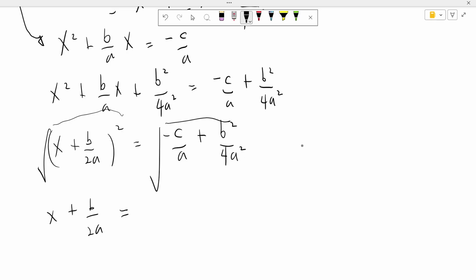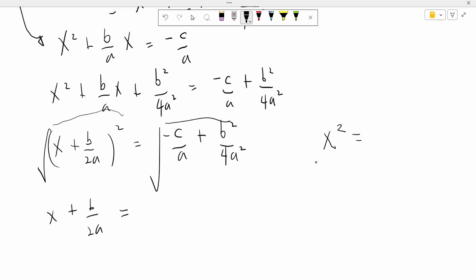It means that whatever you have inside, let's call it, I don't know, I'm just going to use x. If you square that, then you're going to get this thing. So we have to find the x that, when squared, results in the stuff inside. That's what the square root means.